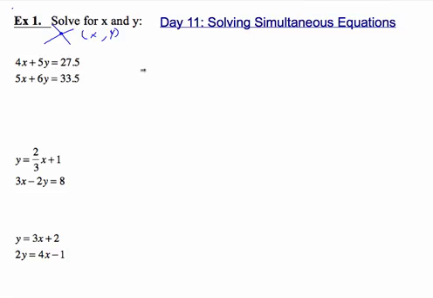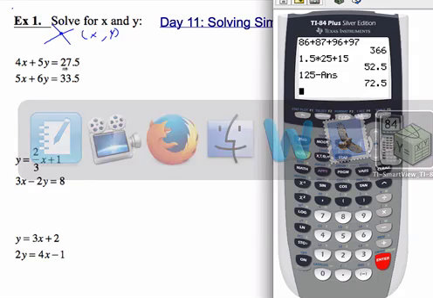So right now we have it actually in general form, so we have the x's and the y's and the constants. We have it all lined up and ready to go using the Simultaneous on our graphing calculators. So I'm going to use our calculator to do this.